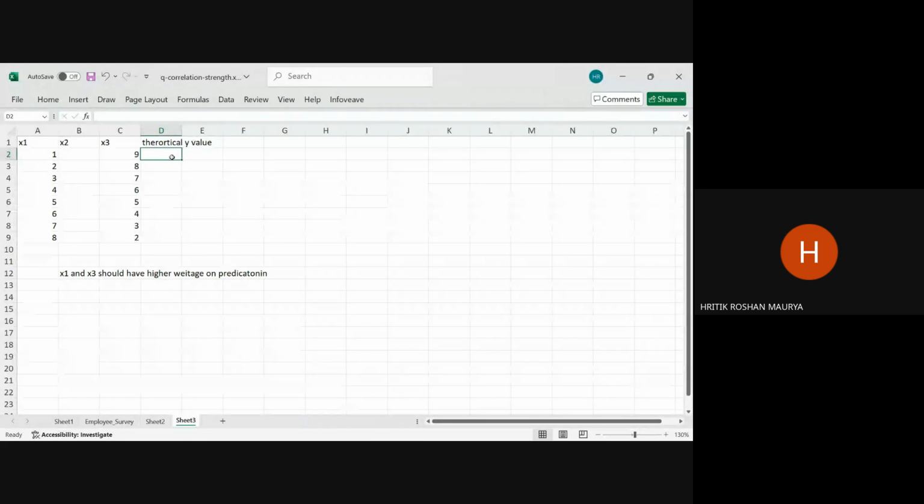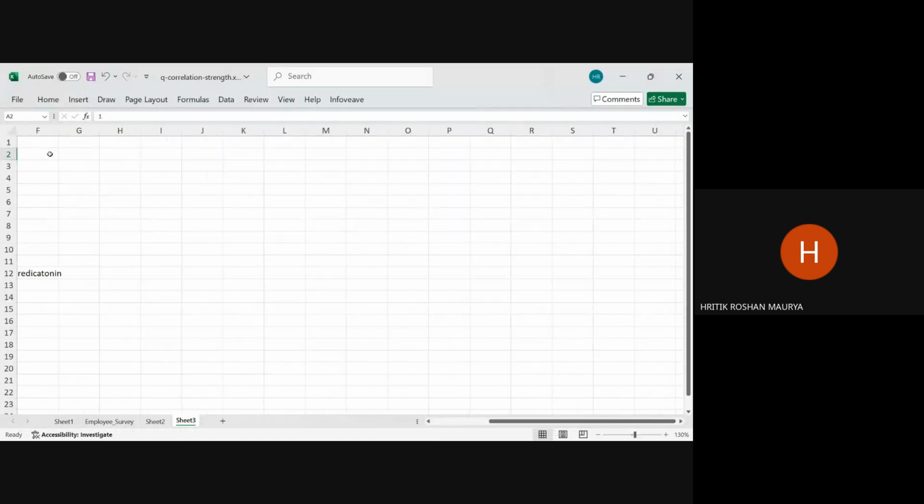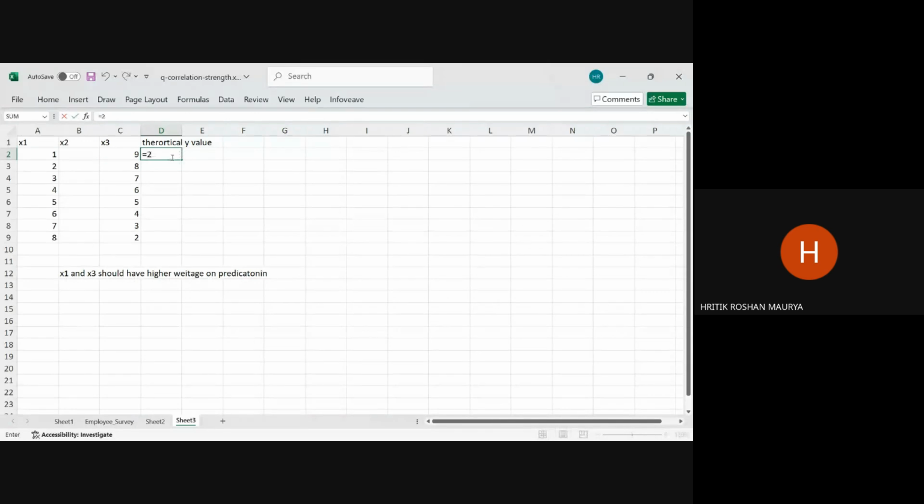The y value I want is something like 2 times this value, plus 3 times this value, plus 100.